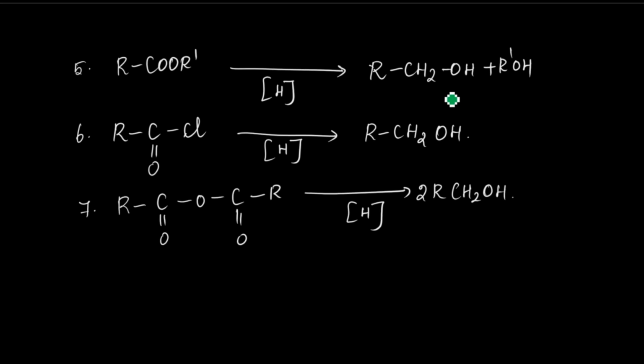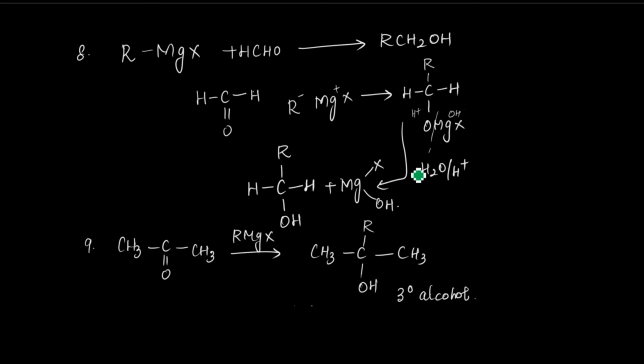Then esters, they will give you two types of alcohols depending on the R group we have taken. Then RCOCl, a primary alcohol is formed on reduction, and here also it will give you the primary alcohol, but 2 moles.